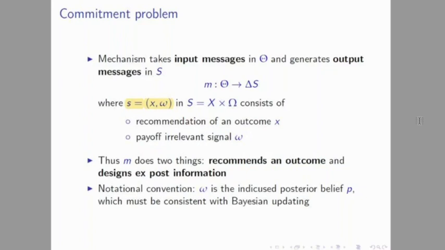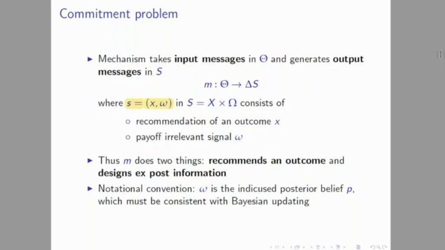So now at this stage we make a notational convention from here onwards in this talk. The omega, the payoff irrelevant signal of the message, we can simply interpret or label by the posterior belief that it generates.